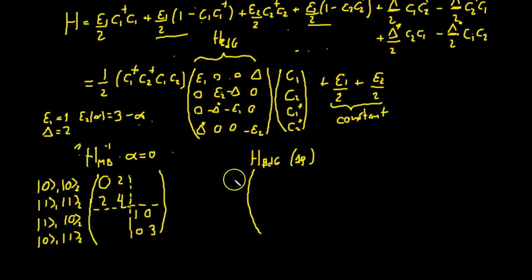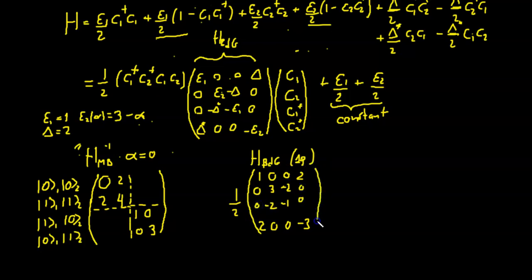So I'm going to include the half explicitly so that we don't forget. This is 1, 0, 0, 3. Here is minus 1, this is minus 3. Here I have delta, which is real. This is minus delta star, but it's real, so this is also minus delta, and this is delta right here.